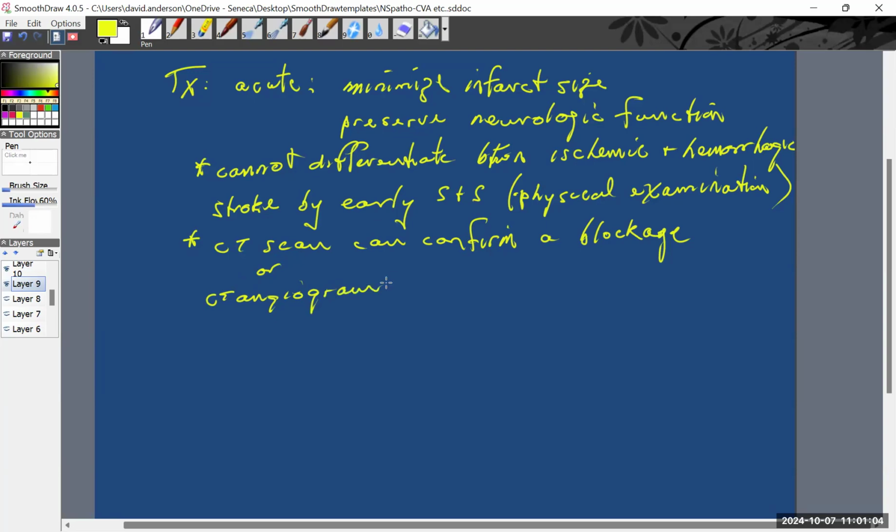So those are our two options we have in order to try to confirm, because treatment is different.